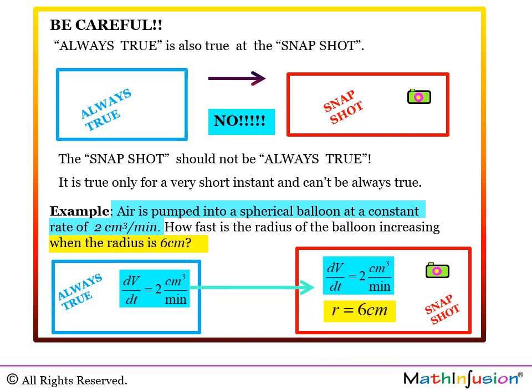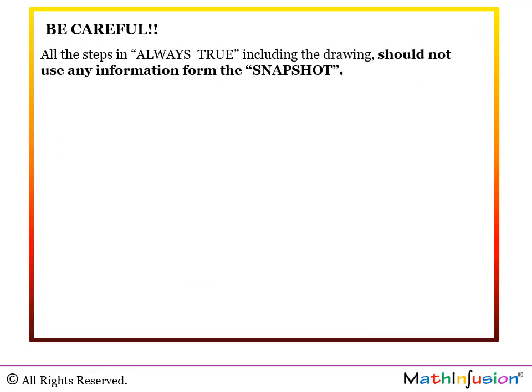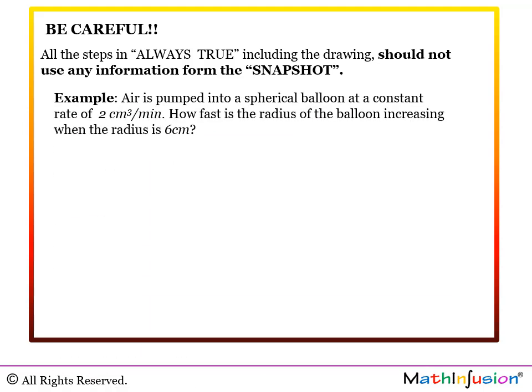Also at the snapshot, R equals 6 centimeters. R is not 6 centimeters in the always true, because R changes with time. Be careful again. All the steps in always true, including the drawing, should not use any information from the snapshot. This is the most common problem in related rates.